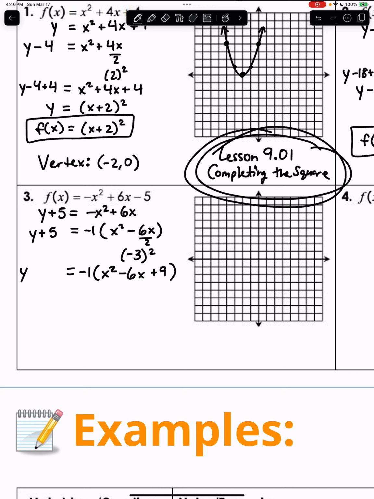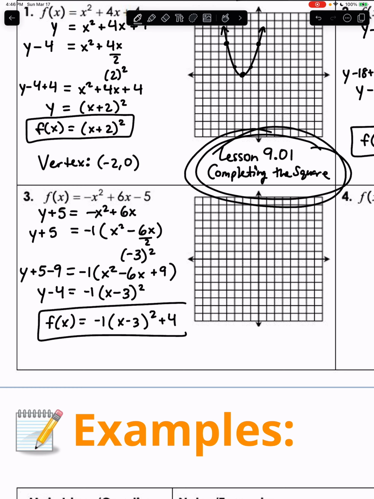I take my 9 and I multiply it by my a value, which is negative 1. And I put it on the other side. So this is going to be f of x equals negative 1 times x minus 3 squared plus 4. And my vertex is 3, 4.